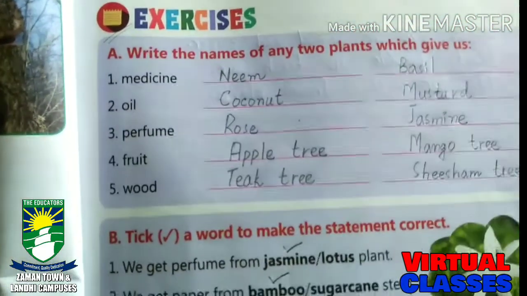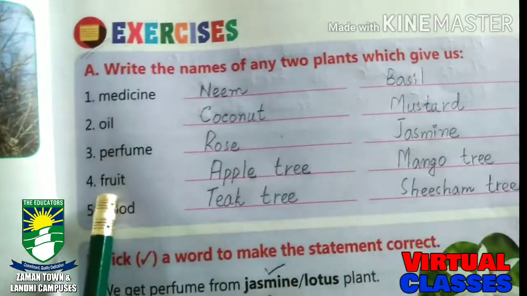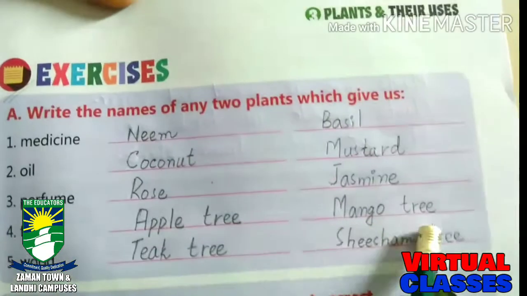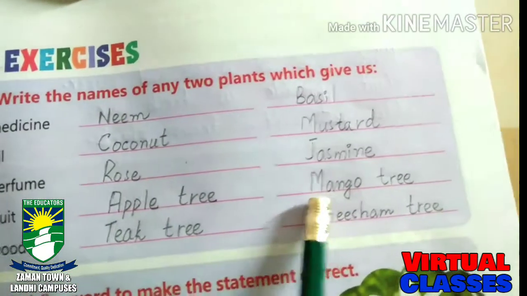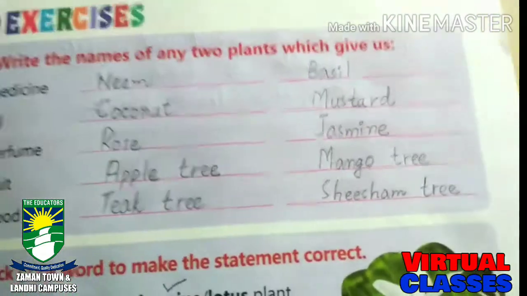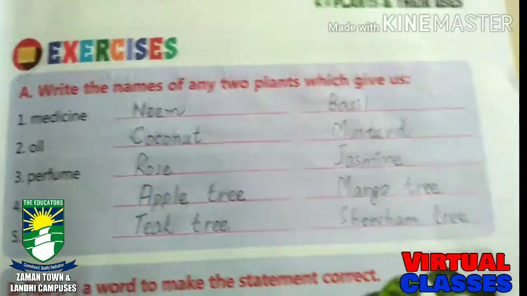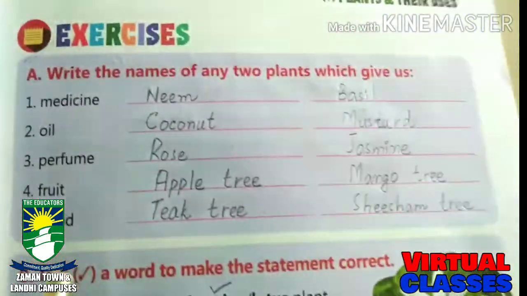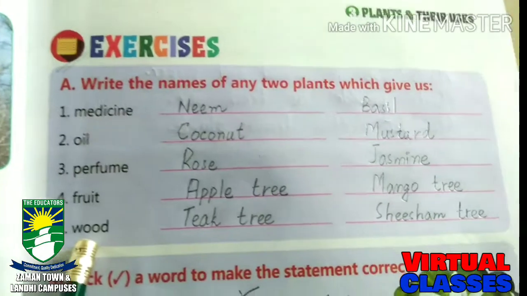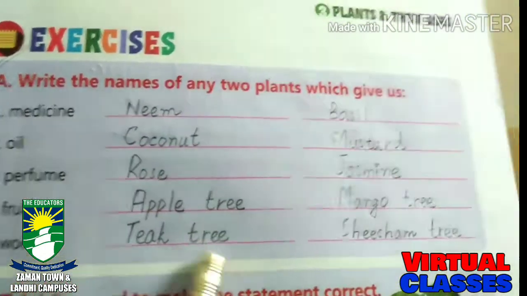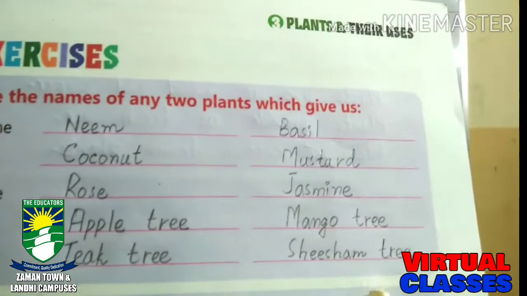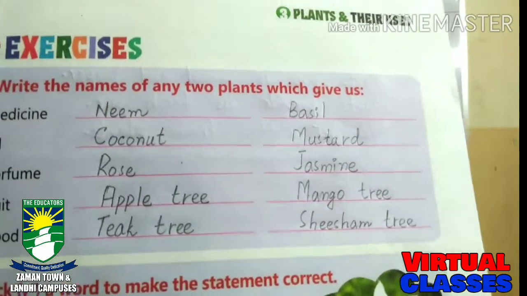Now, number 4, fruit. Which plants give us fruit? Apple tree and mango tree. So write these names. And which plants give us wood? We have discussed it. Teak tree and shisham tree. Write these 2 names.